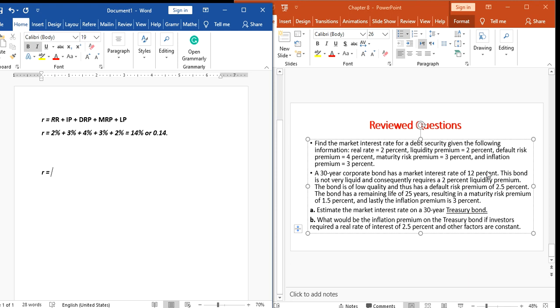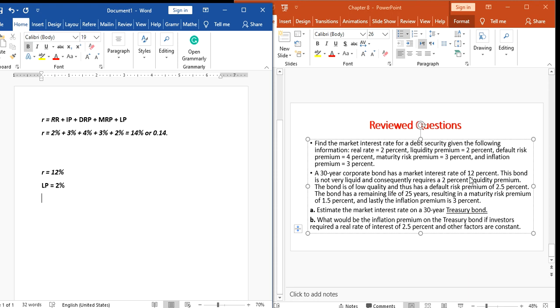It means we should look for another item. This bond is not very liquid and consequently requires a 2% liquidity premium. So LP equals 2%.